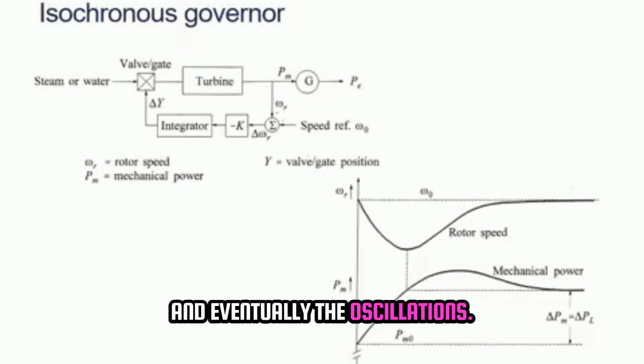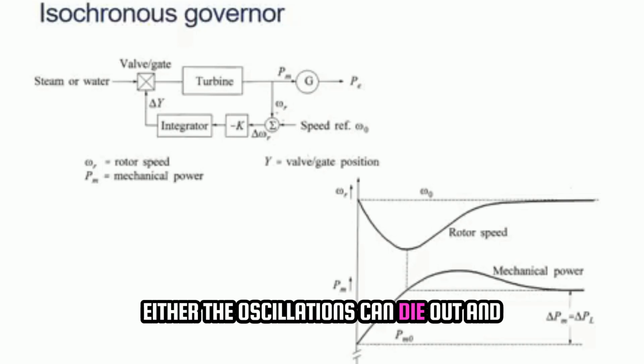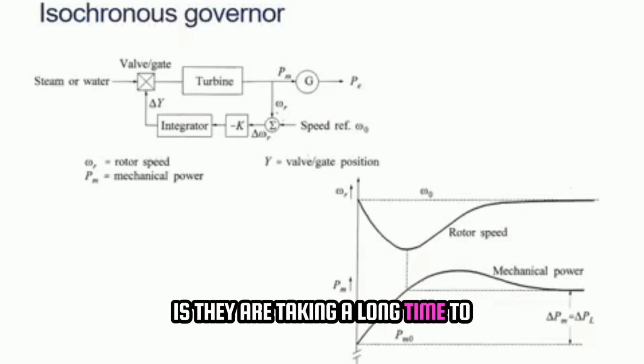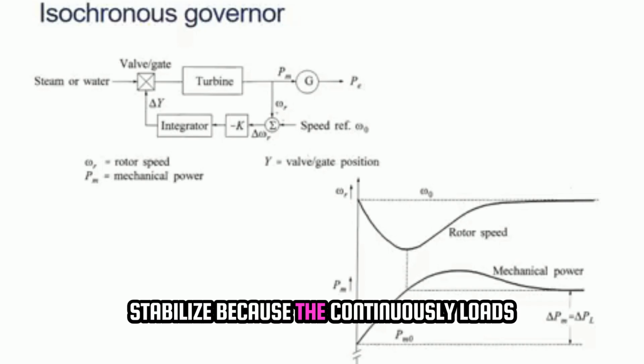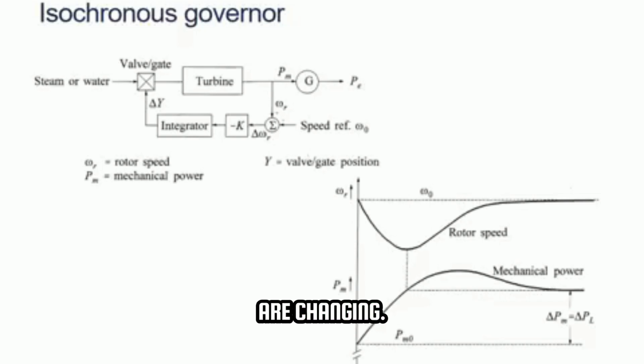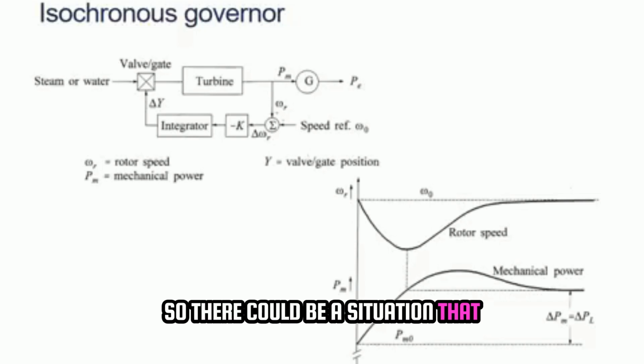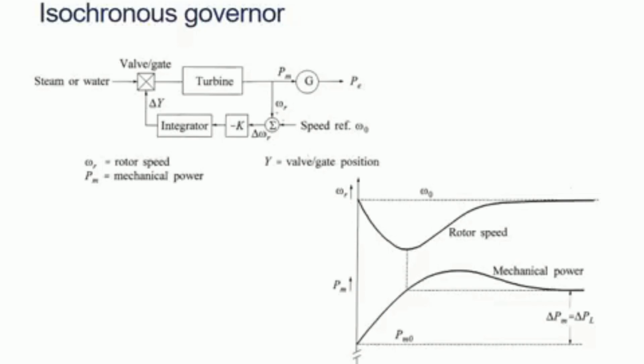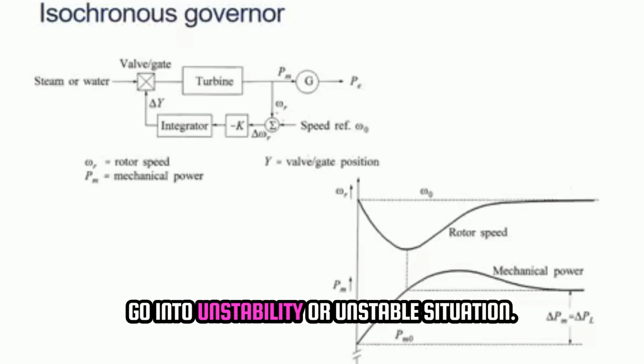Either the oscillations can die out and stabilize the system, but it will take a very long time, and because the loads are continuously changing, they may not have stabilized before the next load change, so the system might go into an unstable situation.